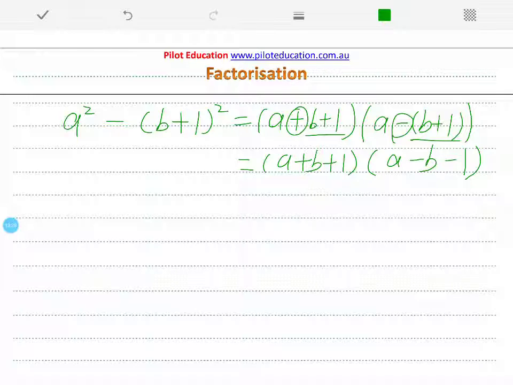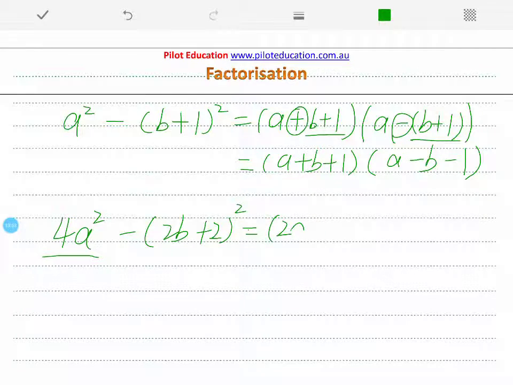Next, say 4a squared minus 2b plus 2 squared. Remember the first term is 4a squared. You always change it to 2a, the whole thing squared, minus 2b plus 2 squared.